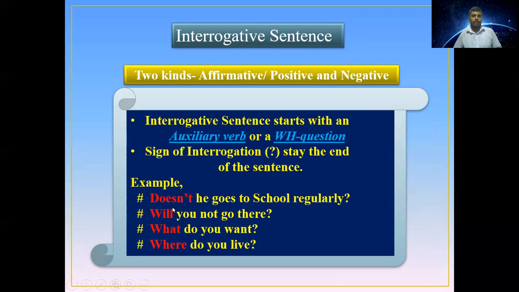Examples: Doesn't he go to school regularly? Will you not go there? What do you want? Where do you live? There are four examples.